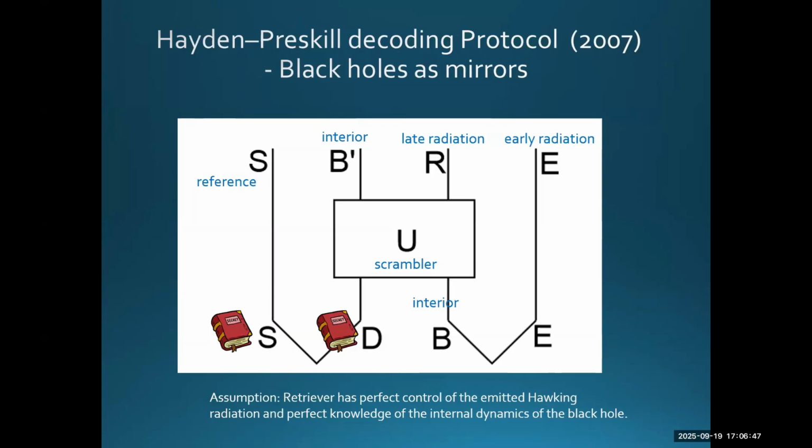My question is, just at the Page time, everything can be resolved. Yes, at this point, like in 2007, it looks solved. So in this case, I'm wondering why they need a prescript, a hidden decoding protocol, after the Page time.